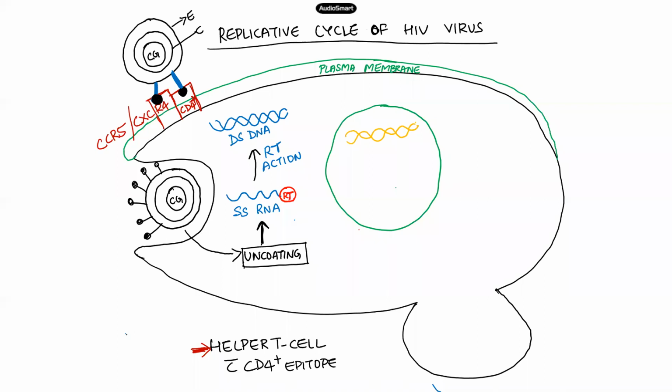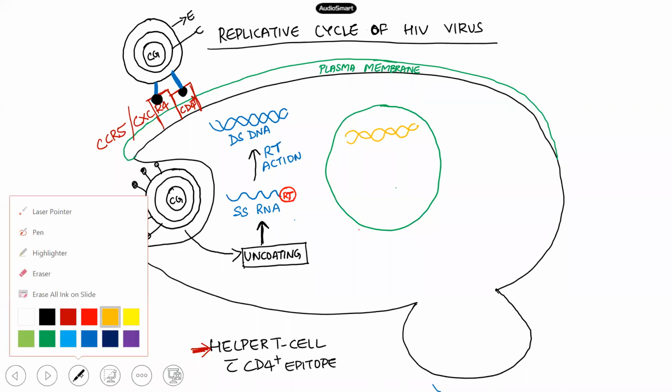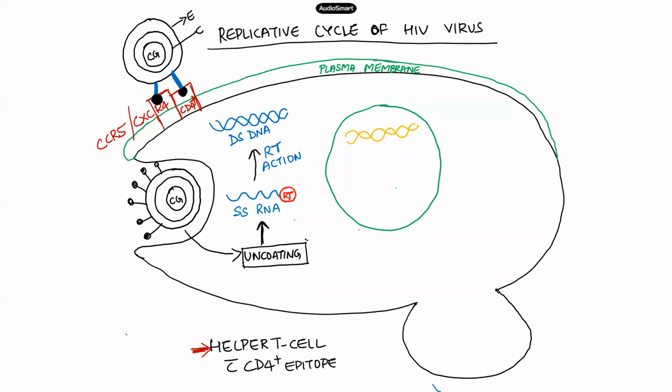And what happens is this double-stranded viral DNA now has to get incorporated into the host cell DNA. Now, how does this process occur? If you remember, the virus has got another enzyme which is called integrase, right?